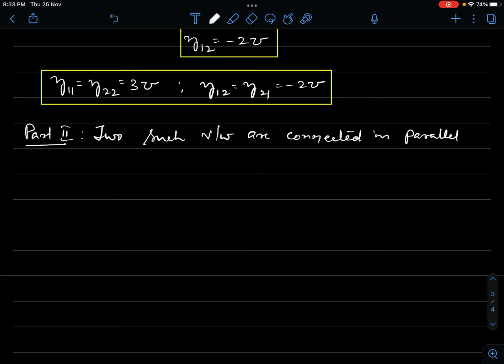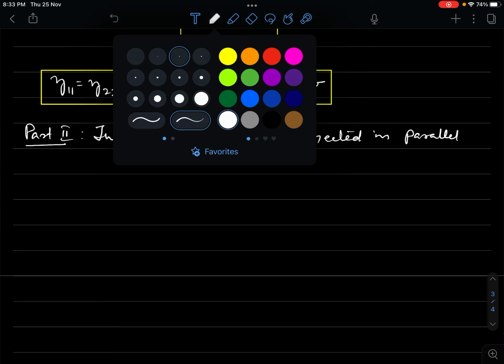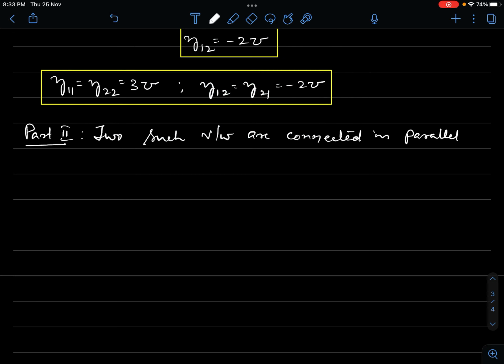We can make use of the result, or we can simply write two networks connected in parallel. I think it makes sense if we write it this way. When two of such networks are connected in parallel, it would have an appearance of this nature.